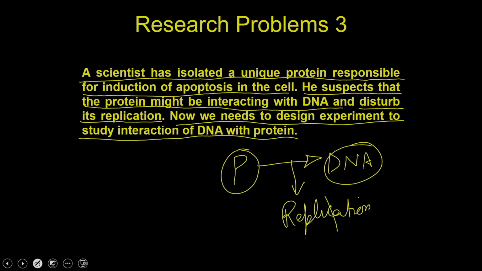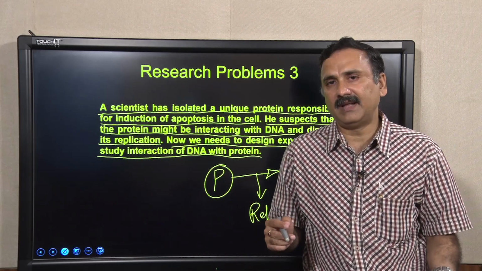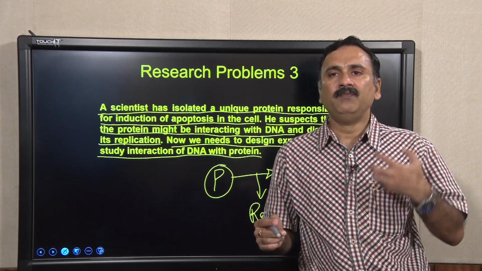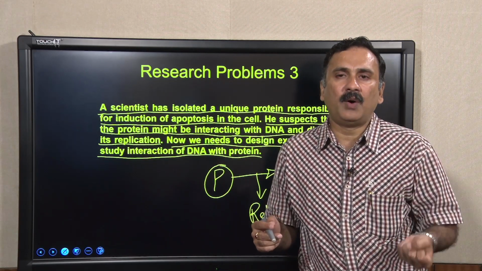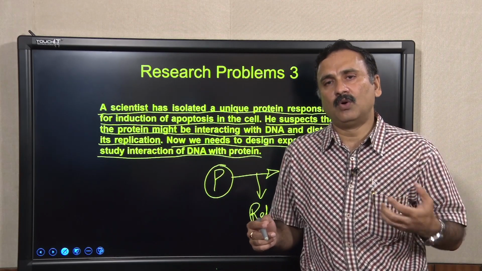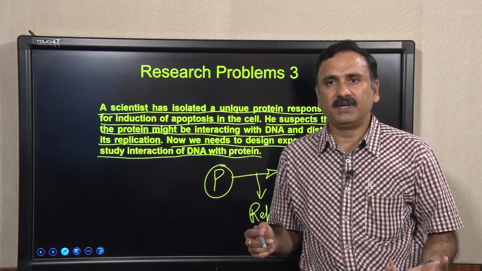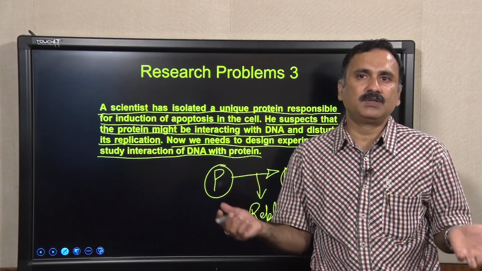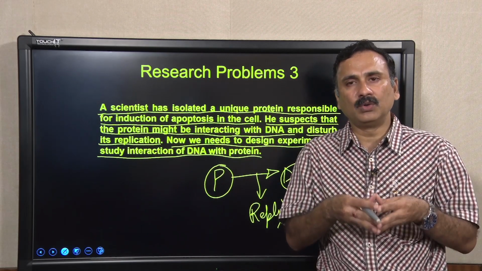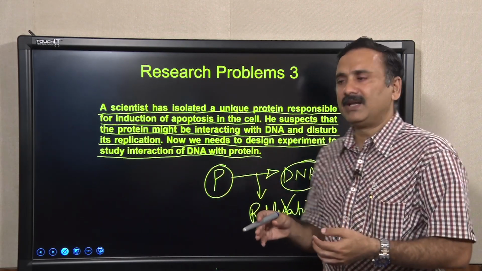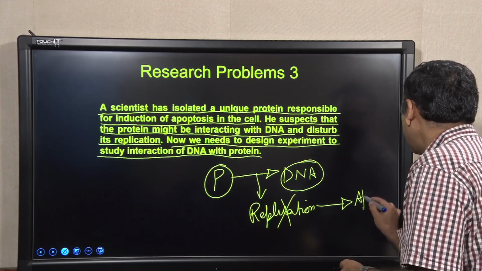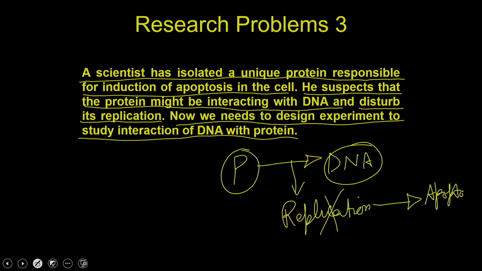And once you interfere with the replication, the genomic DNA of that organism cannot be synthesized. As a result, the cell will have no option but to go for the apoptotic pathway, where the cell stops its growth and goes through the death pathway. So, ultimately it will go for apoptosis.